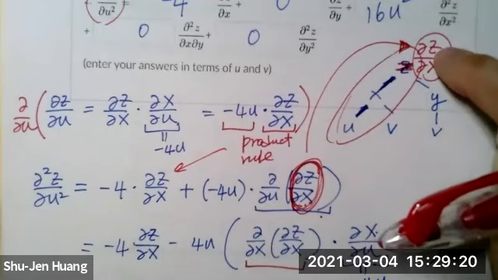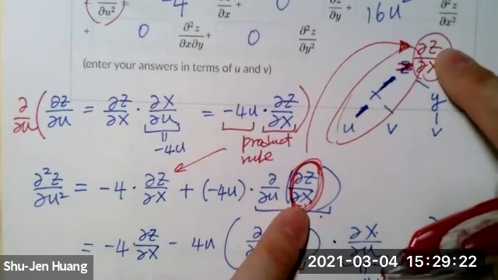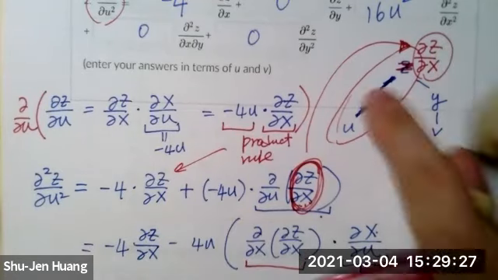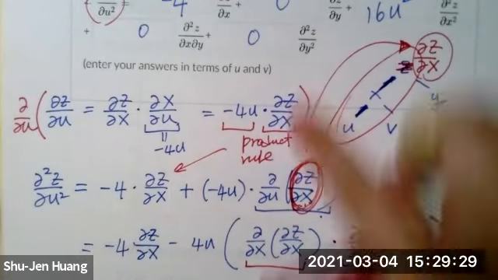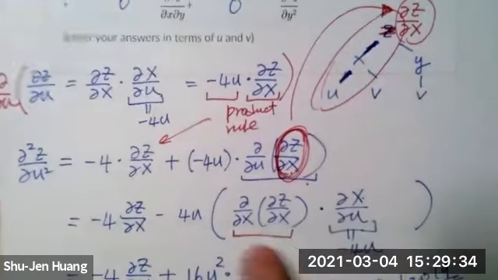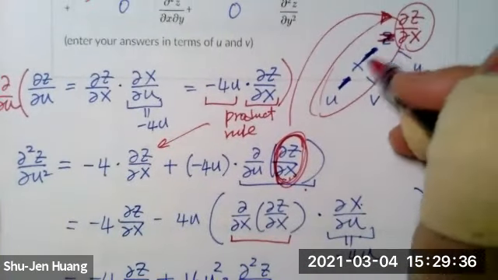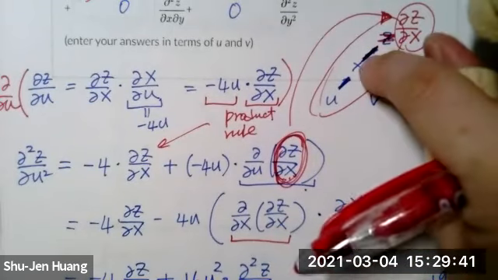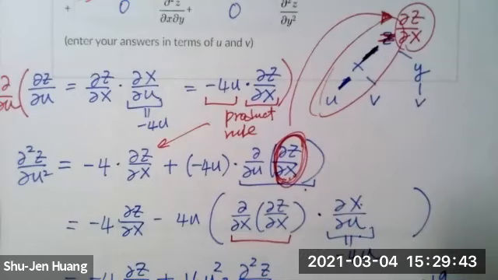Then we draw the tree diagram with respect to u, and that's the only term involved. So the first term is the derivative with respect to x, and then partial x, partial u. This is how we use the tree diagram to write down the formula for the chain rule. Okay, I understand now. Thank you. All right.